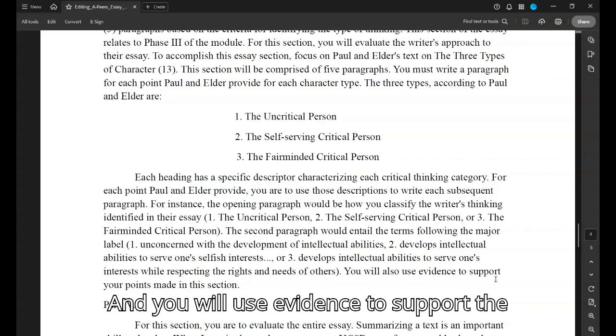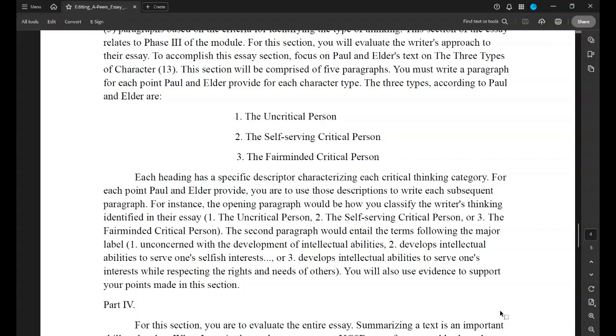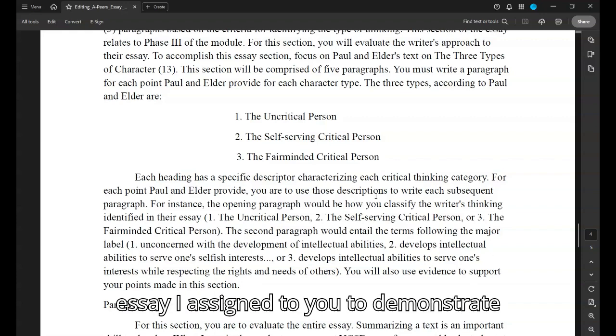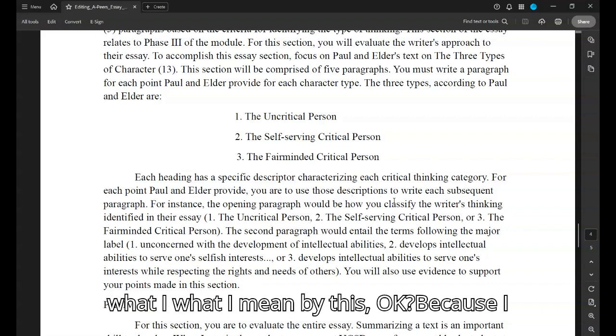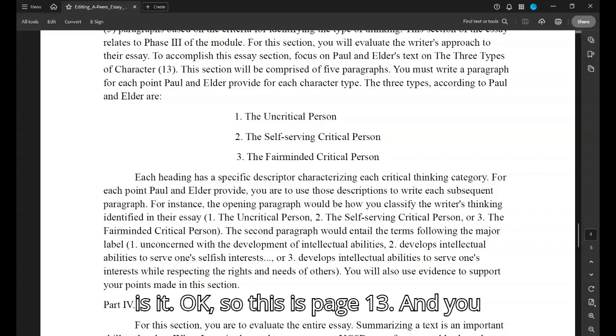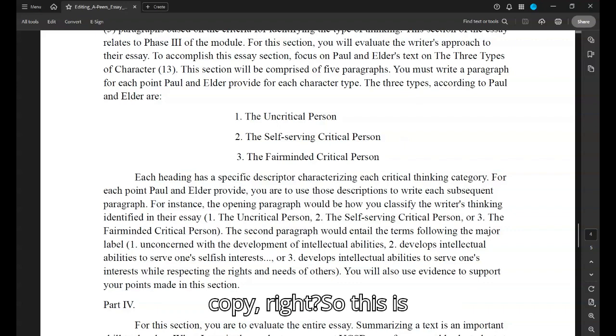And you will use evidence to support your points made in this section, meaning you're going to take examples from the essay I assigned to you to demonstrate the point that you are saying. This is what I mean, because I took a picture of that section of the book. So this is page 13, and you notice that I wrote on my copy.